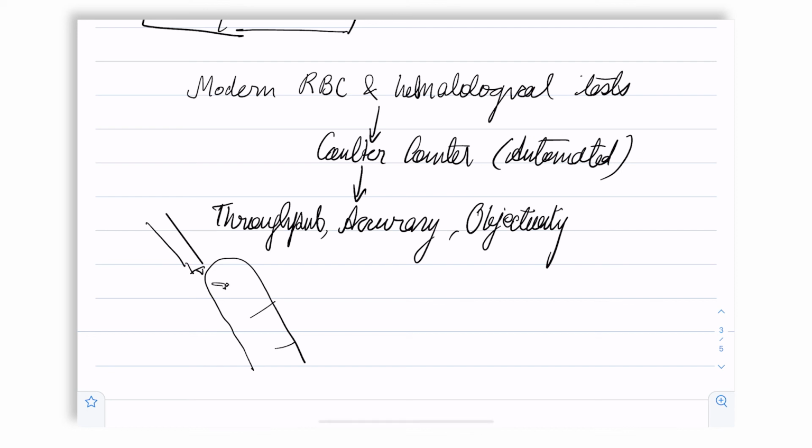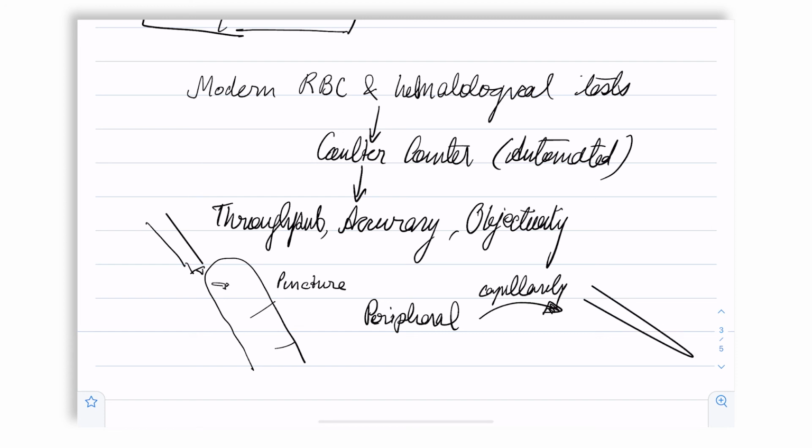A small pinprick is made, a tiny amount of blood is released, that droplet from the puncture wound in the peripheral blood vessel is taken by capillarity into a special tube that is made for these sort of experiments.